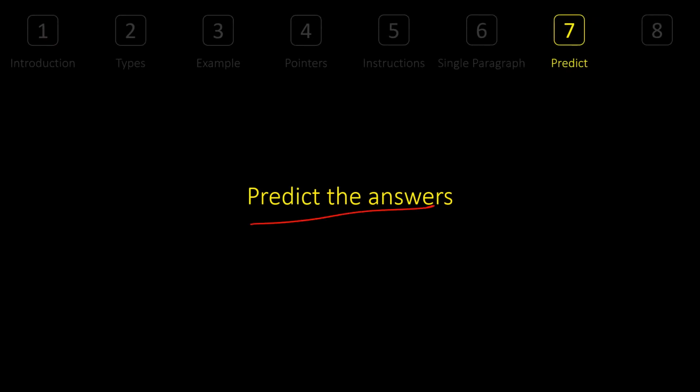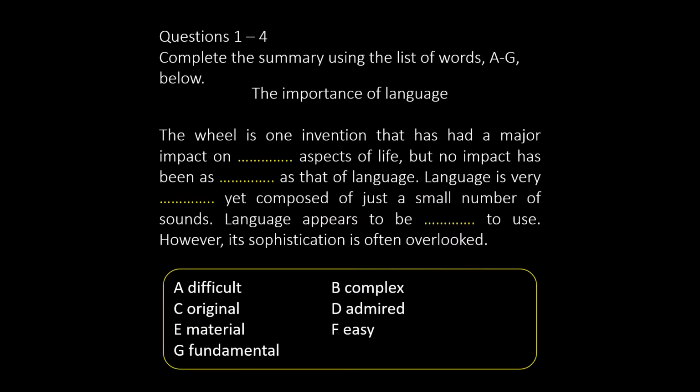Moreover, you should always predict the answers. Look here, we have removed the options. The wheel is one invention that has had a major impact on this aspect of life. Can it be an admired aspect? I don't think so. A complex aspect? Maybe, but it doesn't sound like that. An easy aspect? It's not an aspect actually, right?